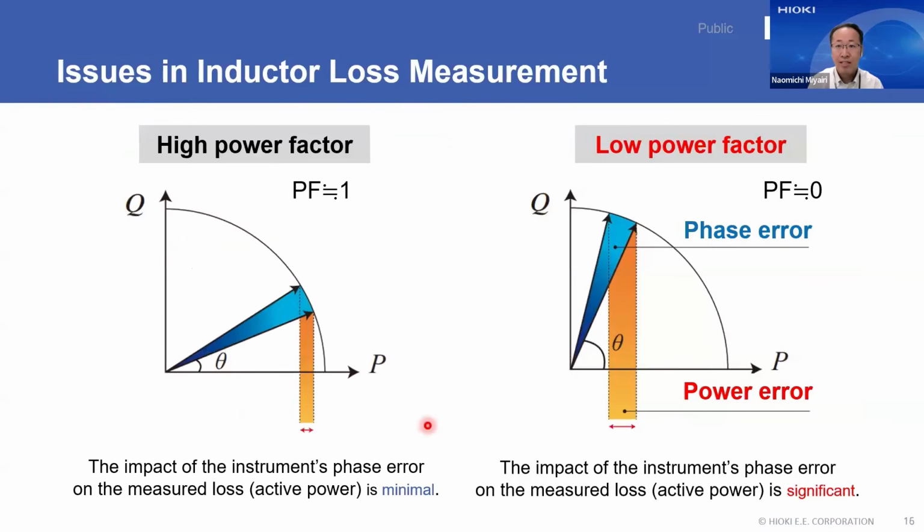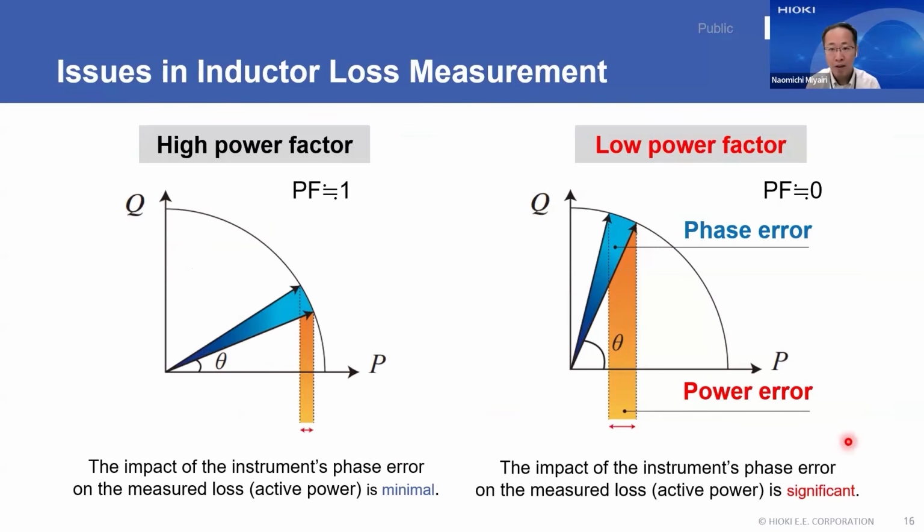These figures illustrate how phase error in a measuring instrument affects active power readings, comparing a high power factor scenario with a low power factor scenario. When the power factor is high, that is close to 1, the impact of phase error on the active power measurement is relatively small.